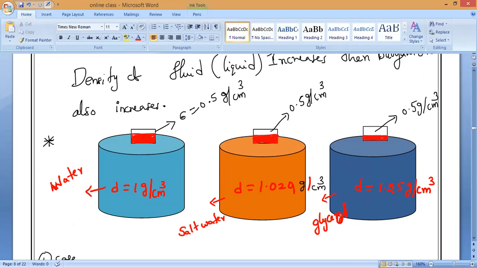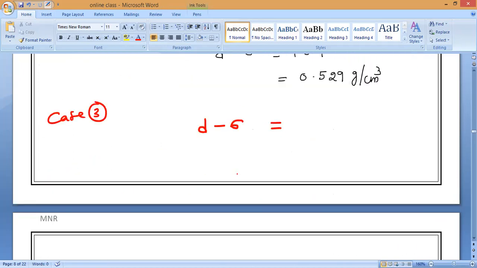Now what are the densities, guys? 1.25 minus 0.5. How much is the answer? 0.75. Very good. 0.75 gram per cubic centimeter. Is it yes or no?